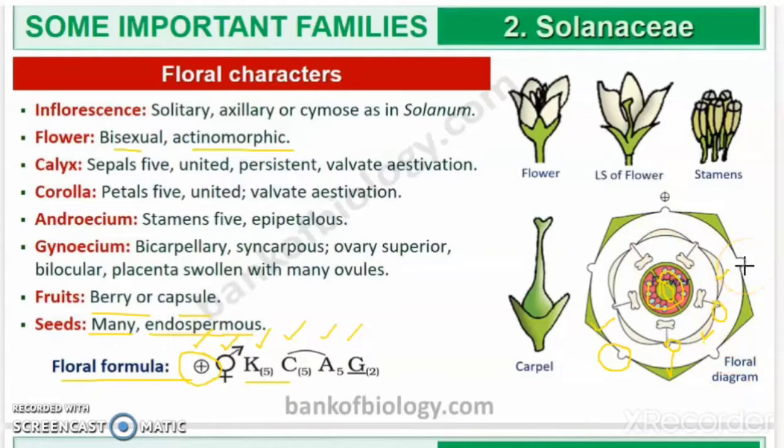Now coming to the androecium portion. There are 5 stamens. You can see a butterfly shaped structure here, right? So there will be 5 stamens, and these 5 stamens are fused with the corolla. We learned it, right? So an adhesion line was drawn to show the fusion with the corolla, which means that they are epipetalous. To represent that, a line has been drawn from the corolla to the androecium.